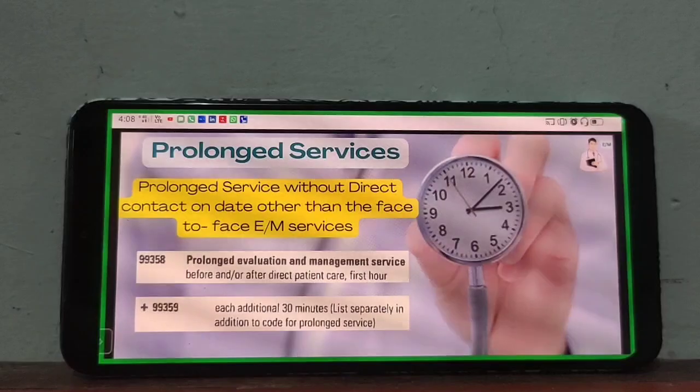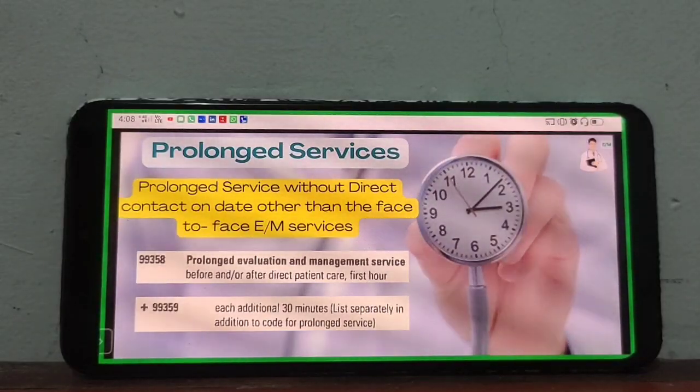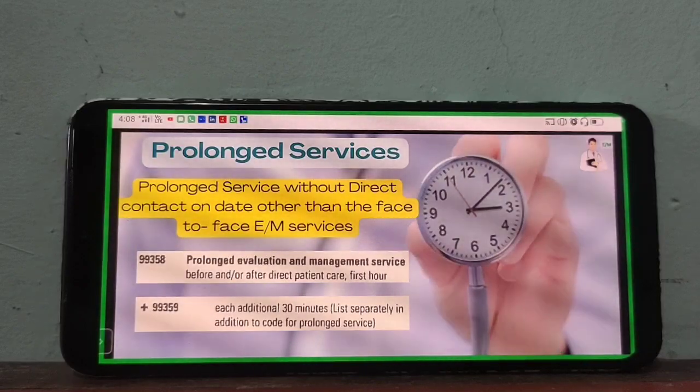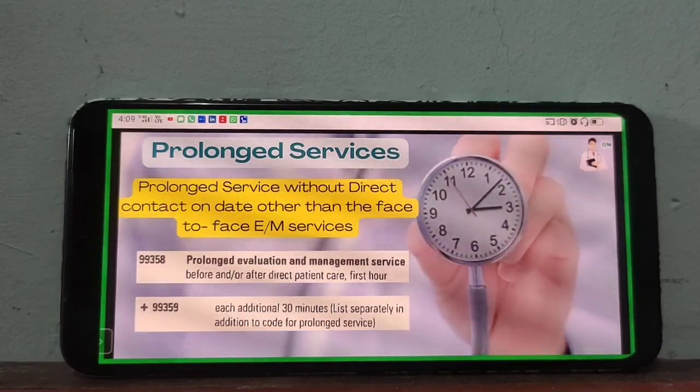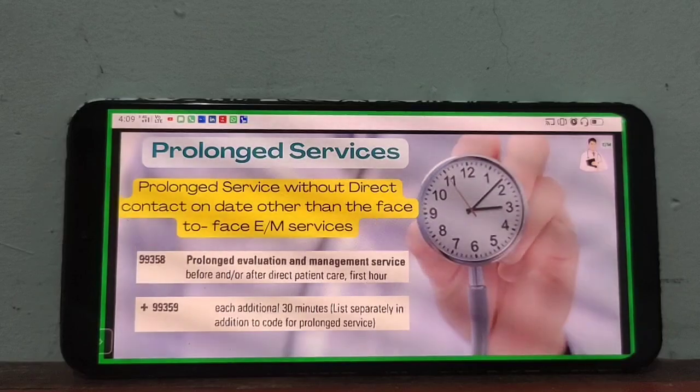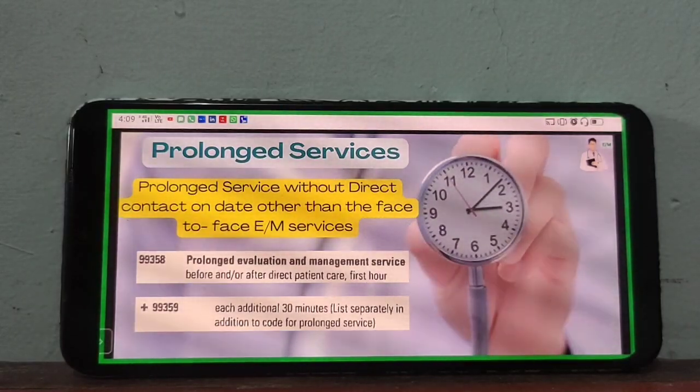Okay, so all of these services are provided by the doctors through phone call or video call only. That is before and after direct patient contact. Before I go to meet the doctor, he gives some instruction. After that, he gives a face-to-face service.